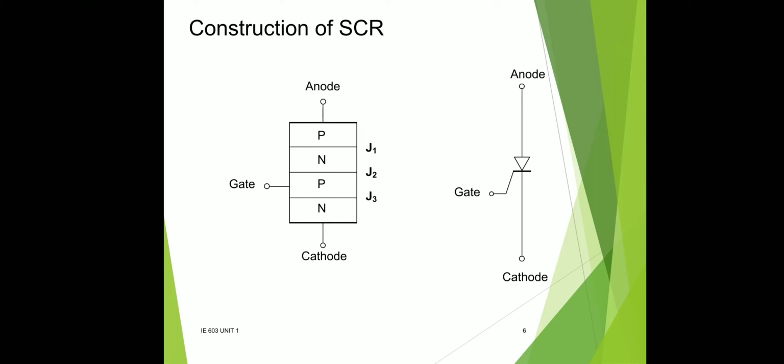It looks like a diode, and the only difference is that near the cathode there is an additional terminal called the gate. Now the constructional details of the SCR: it is a 4-layer PN junction device. The outer P region is called the anode, the N region is called the cathode, and the inner P region is called the gate.